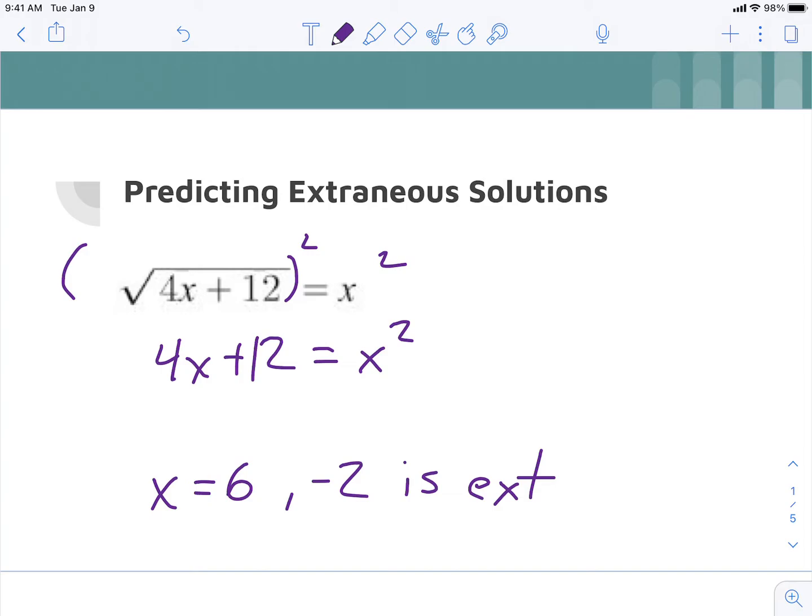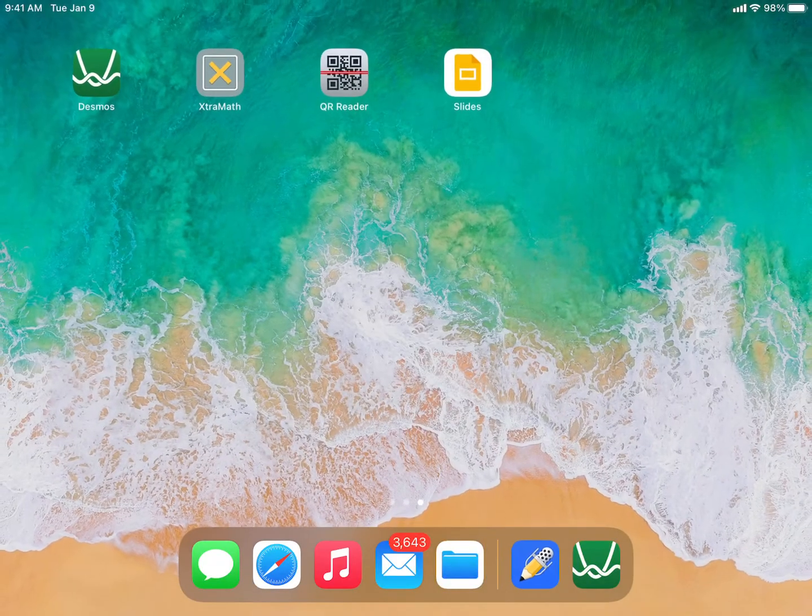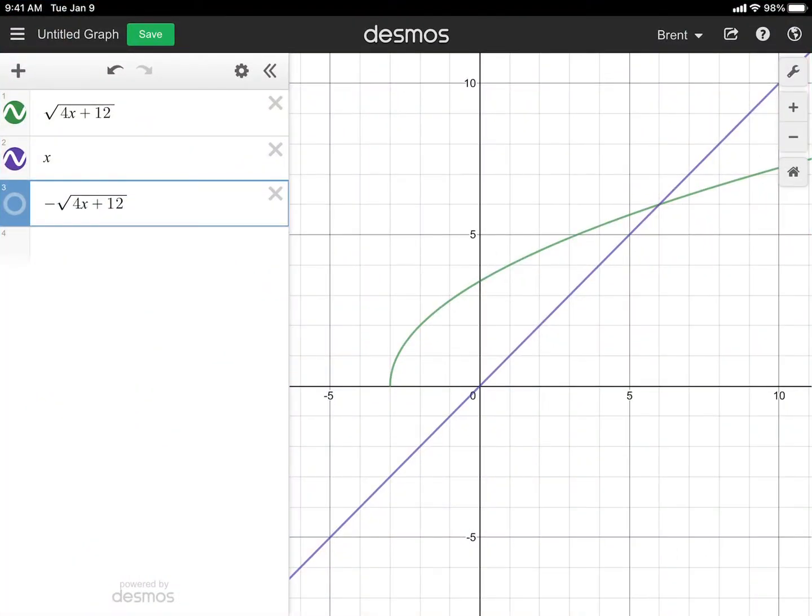Now, I want to explain why that happens in this particular one by looking at the graph of this. So in this Desmos graph, the green part of the graph is the left side of the equation, the square root of 4x plus 12, and then the purple is the right side of the equation, that was just x, and where those two lines intersect, that is our solution of a positive 6.